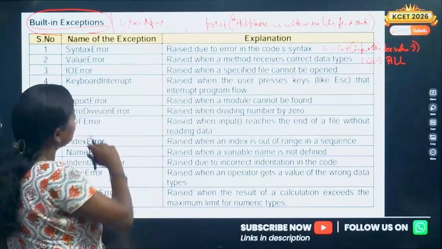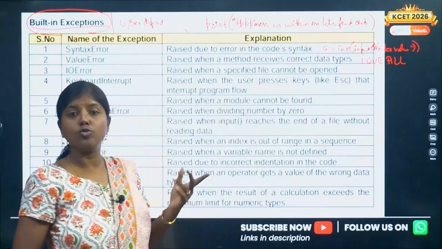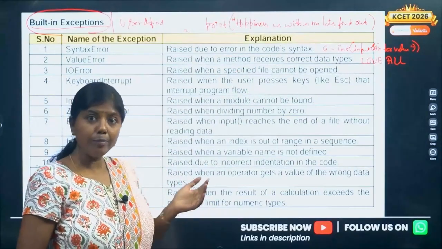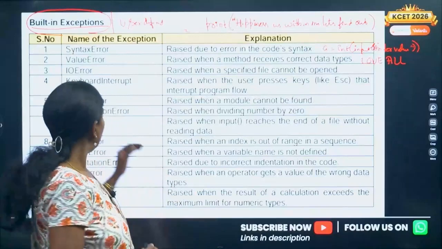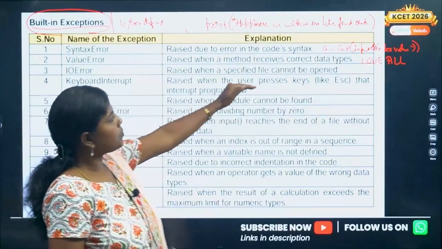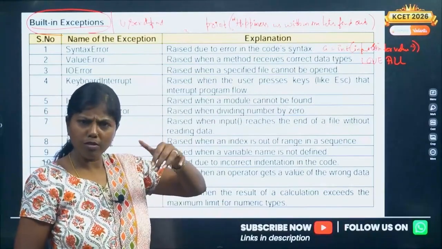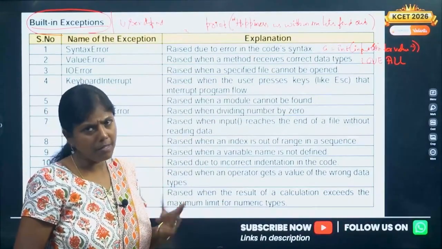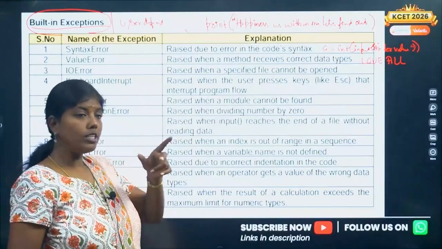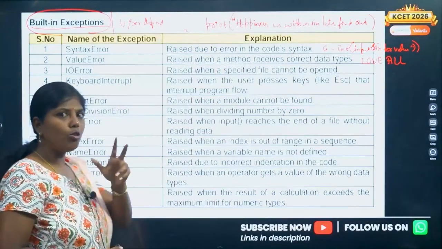Now we have an IO error. What is an IO error? If the file cannot be opened, it leads to an IO error. Input output error we call it. Similarly we have a keyboard interrupt, raised when the user presses keys like escape that interrupt the program flow. Then we have an import error when the module is missing.